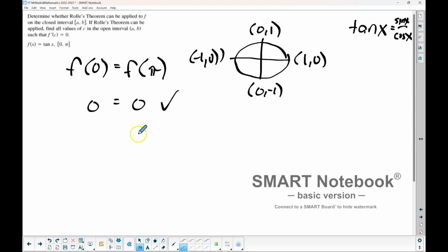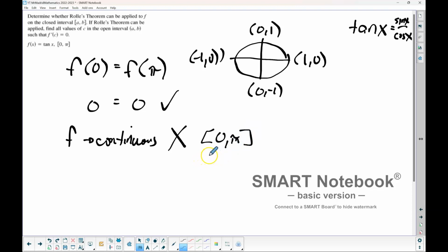So now where do we go from there? Is f continuous? You can pause the video and decide for yourself. Here, f you should have found is not continuous on the closed interval 0 to pi.